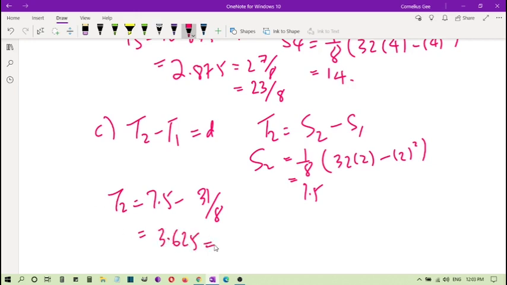So it's 3.625, which is actually 3 and 5 over 8, or 29 over 8.